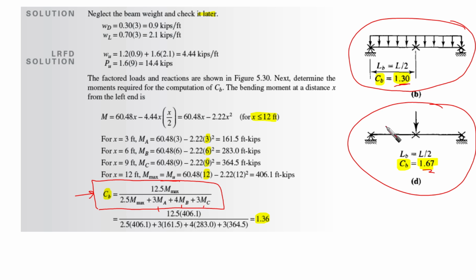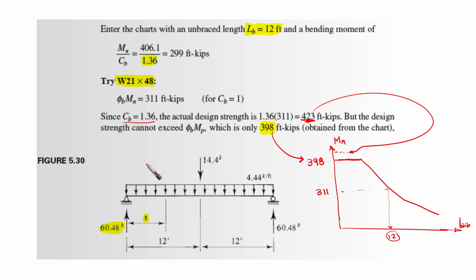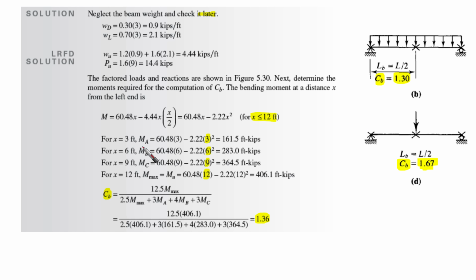It is going to be quartering the span. So we need to know the moments at different places, at point A, at point B, at point C. Point A is 3 meters from the beginning, then 6 and 9.